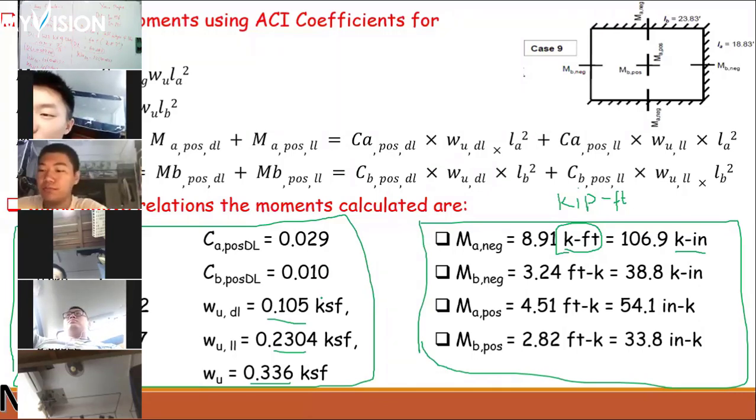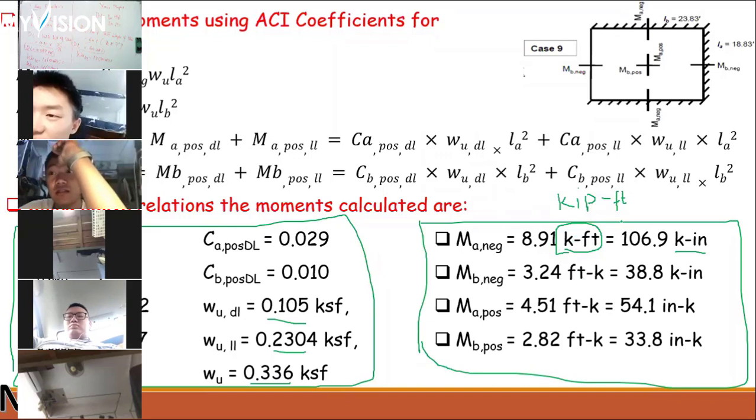I'm confused that the 3.24, why is it FT kip? It's the same, no problem. Do not be confused. Kip feet or feet kip is the same.